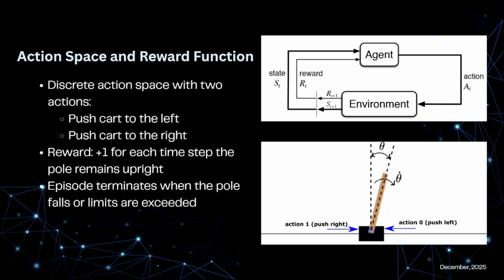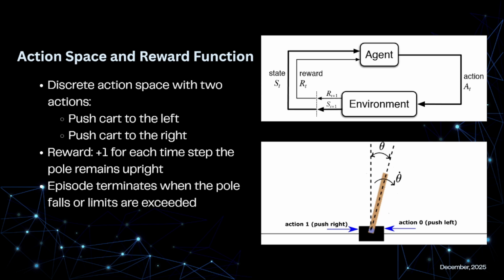Because the state values are continuous, this makes the learning problem more complex. About the action space and reward function: based on the observed state, the agent can choose between two possible actions. The first is pushing the cart to the left, and the second is pushing the cart to the right.